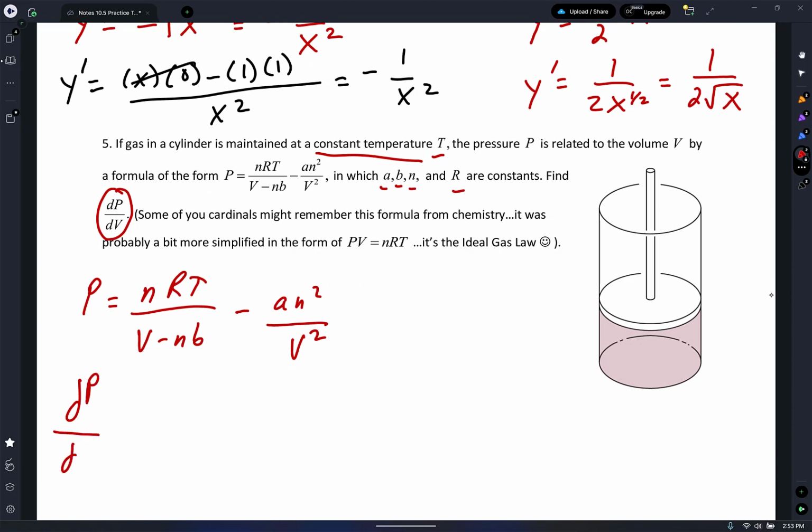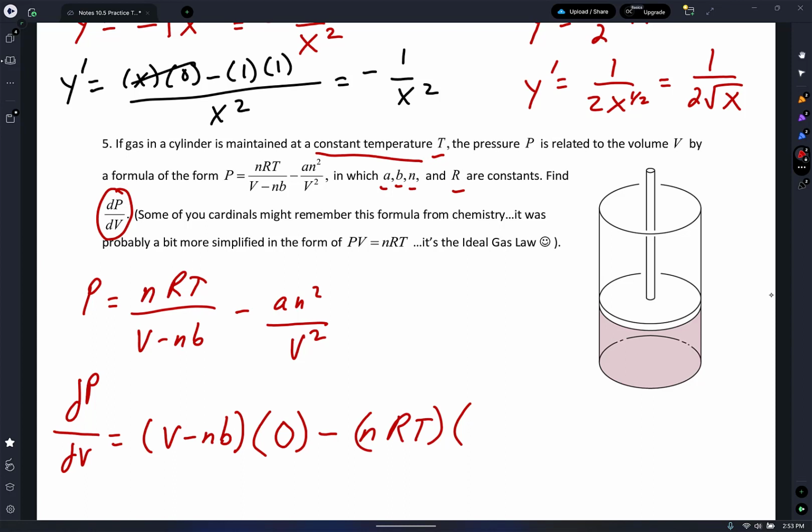dP/dV is equal to bottom, and what rule am I using? Quotient. Bottom, V minus nb, times derivative of the top, and R and T are all constants, so the derivative of the top is 0, minus top, nRT, put that in parentheses, times derivative of the bottom.